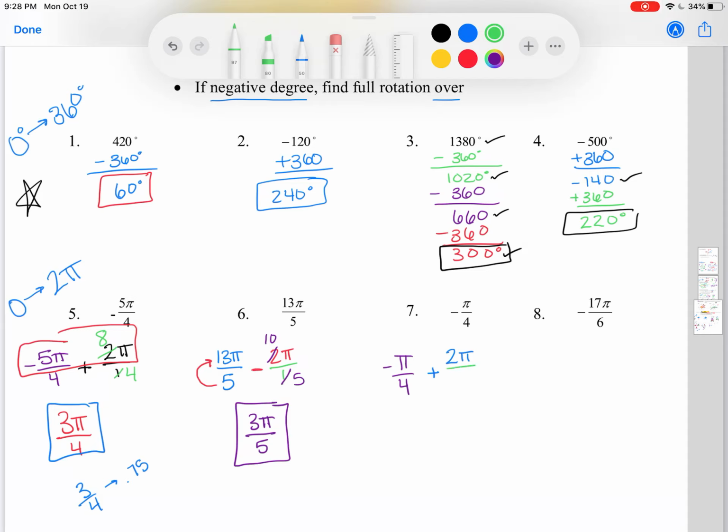Continuing on, negative pi over 4. It's negative, so that automatically tells us we want to add 2 pi this time. Get the same denominator. This time it's a negative 1 pi plus 8 pi, so that's going to give me a 7 pi over 4.